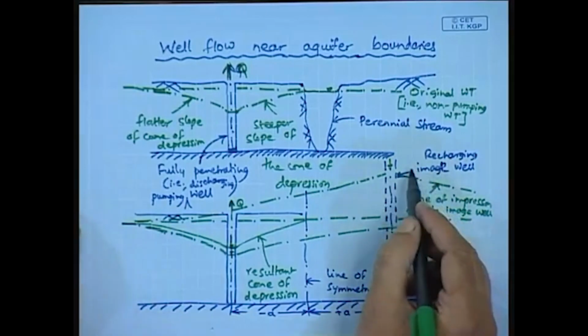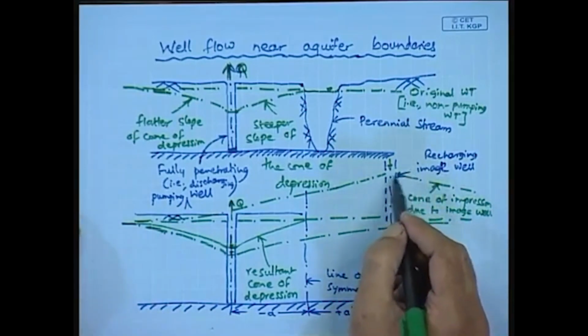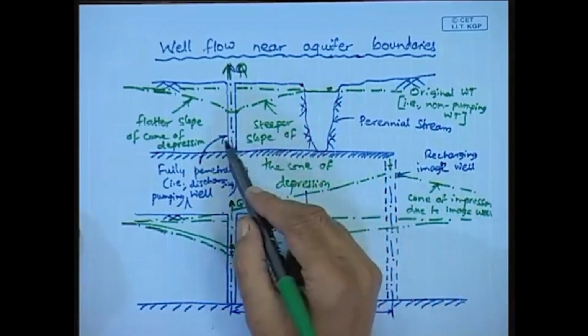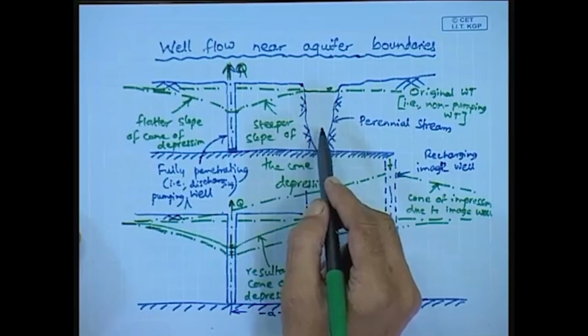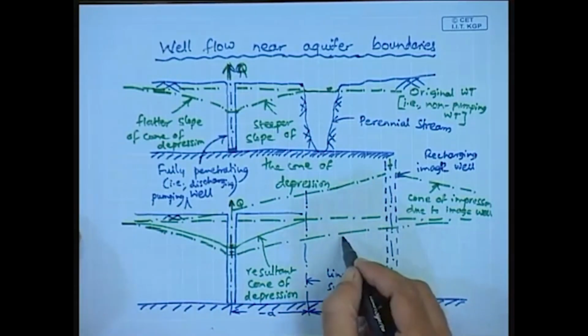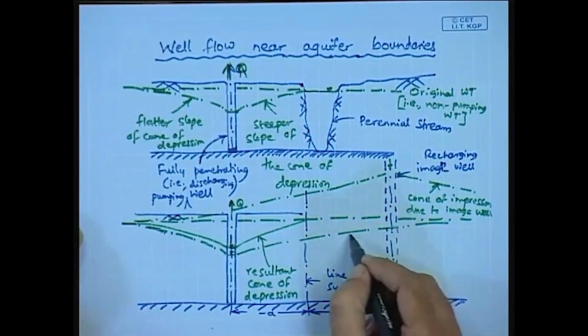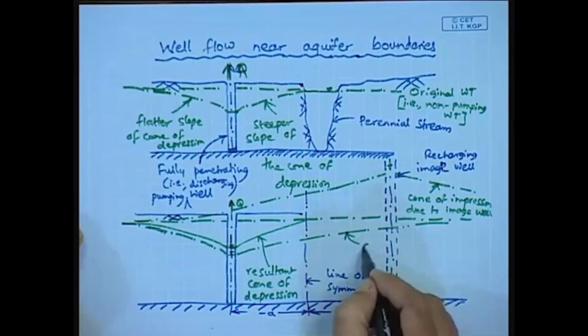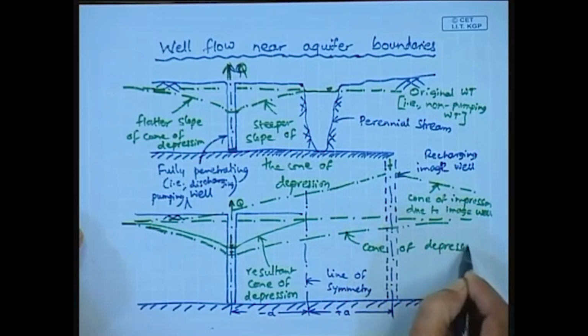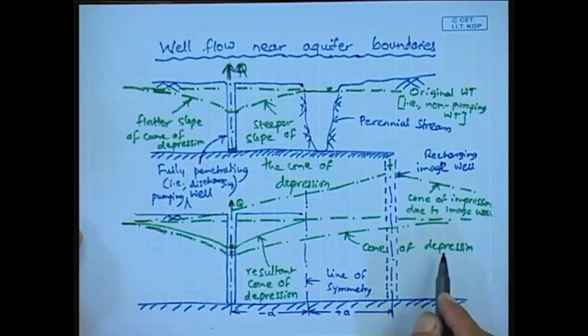So, this image well is analogous in its effect to the contribution to the discharge by the perennial stream. So, therefore, this is the cone of depression and this is the cone of impression.